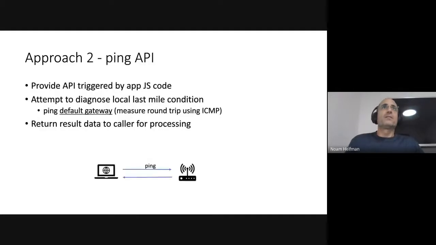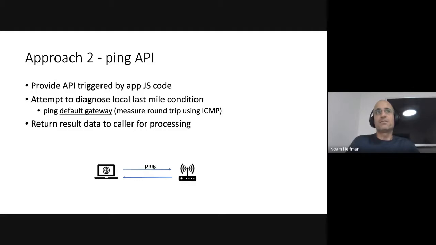Understanding that brings us to the second idea, which is introducing a ping API. Essentially, the thinking is just to use the regular ping API that is used by the ping tool, which underneath uses the ICMP protocol, sends it to the IP destination and waits a little bit.